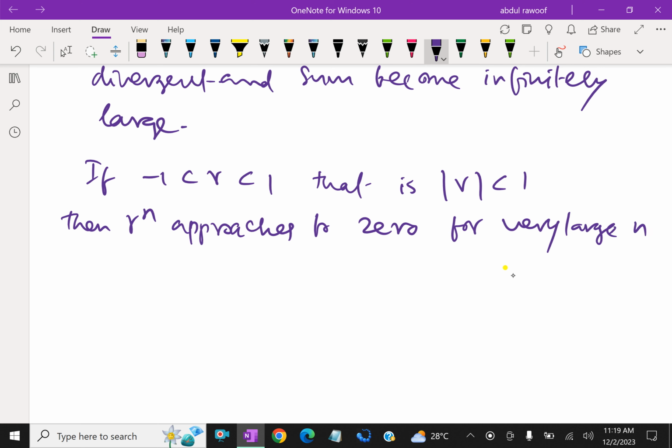That means if n becomes very large, r to the power n approaches 0, because 1 divided by a very big number approaches 0.